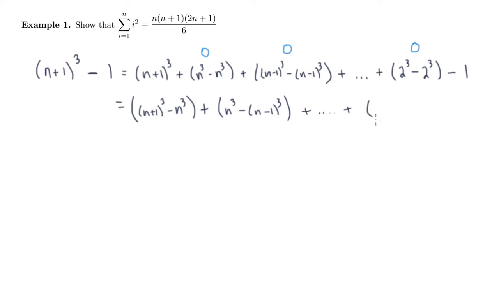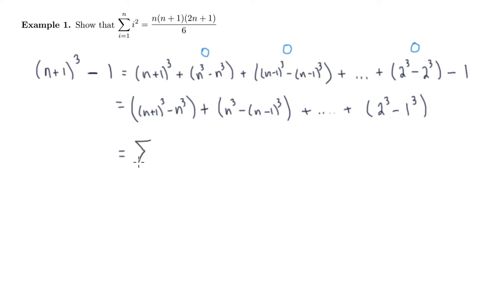And then the last term, I can take this 2 cubed and subtract 1, but I can just write 1 as 1 cubed. So again, I just reassociated the terms in the sum like this. And now I'm going to write this in sigma notation.